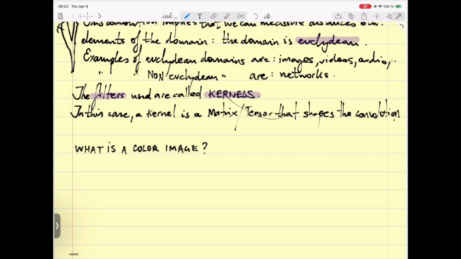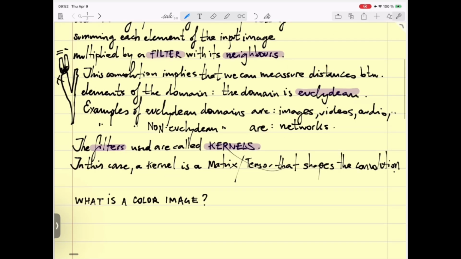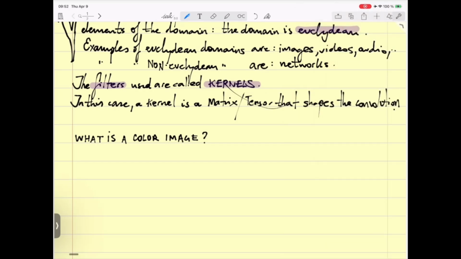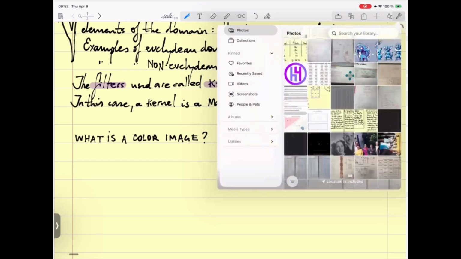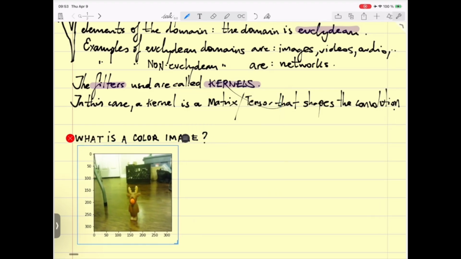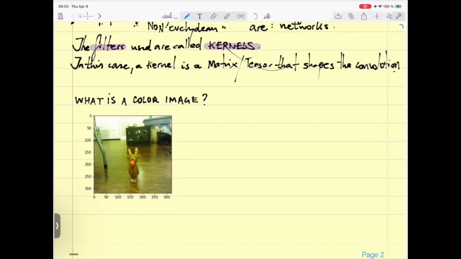When we have an image, this color image has, in reality, one dimension in the horizontal, which is like the x-axis, and one dimension in the vertical.